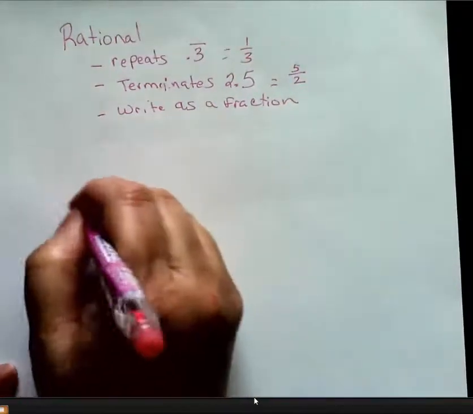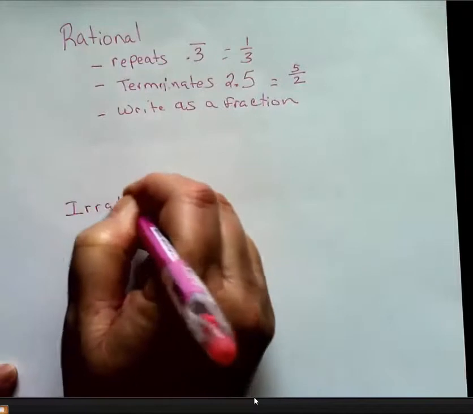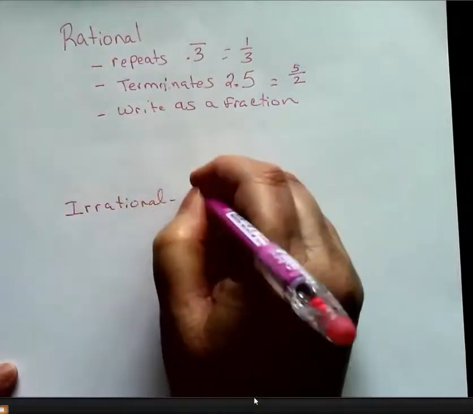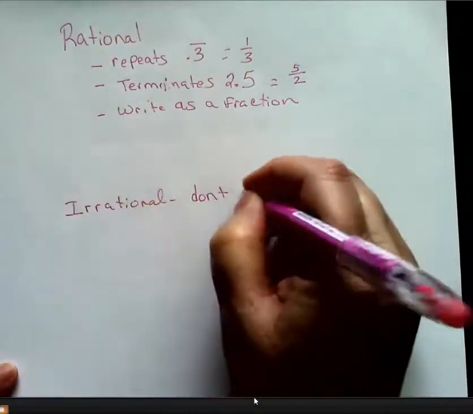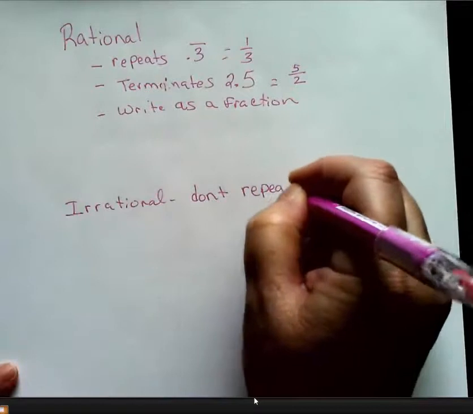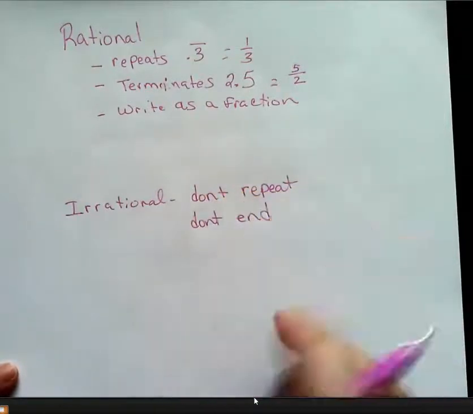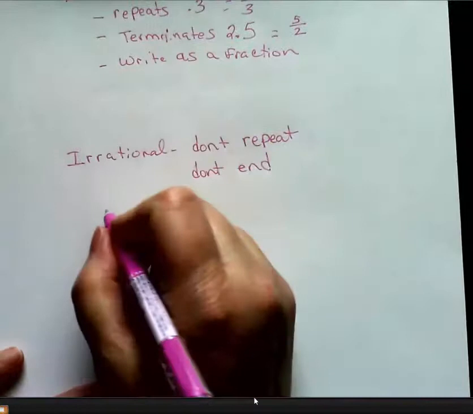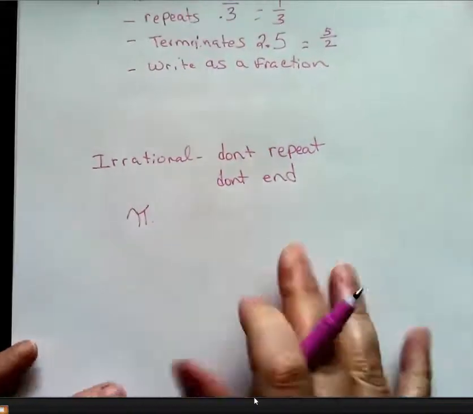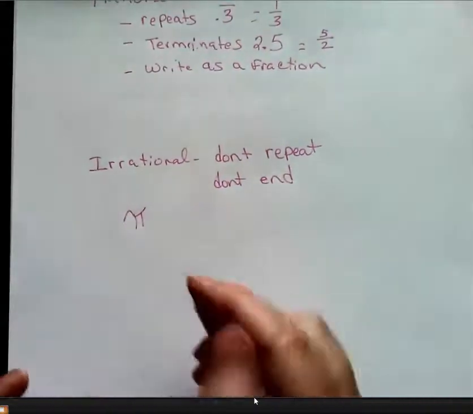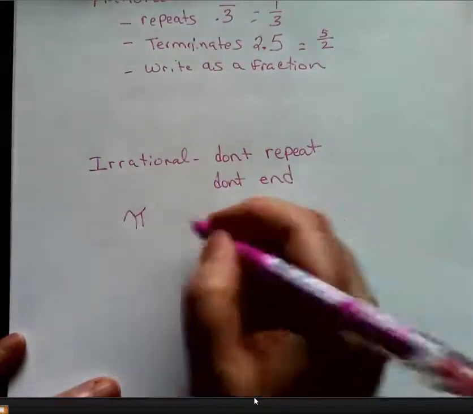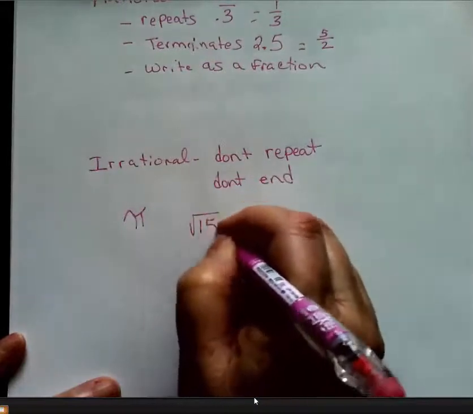Irrational numbers don't repeat and don't end. For example, pi is the most famous irrational number. The square root of 15.